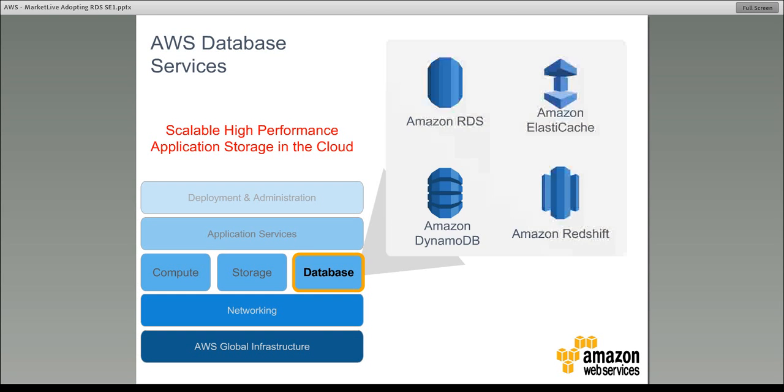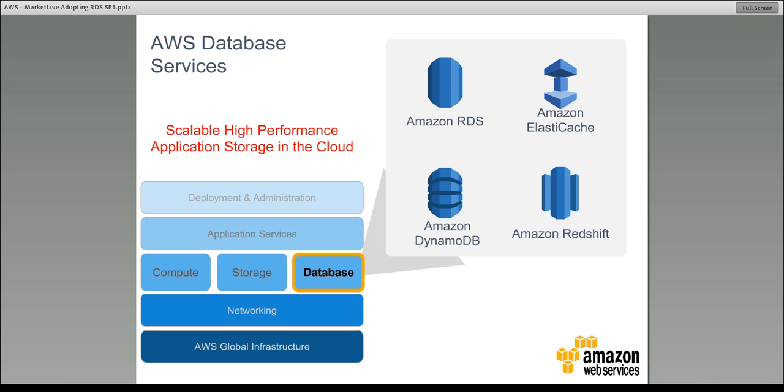So the first point I wanted to cover is, as you are considering moving your application to the cloud and Amazon Web Services, to just understand that Amazon Web Services offers many choices for managed databases. So today we'll be focusing on the relational database service for Oracle.